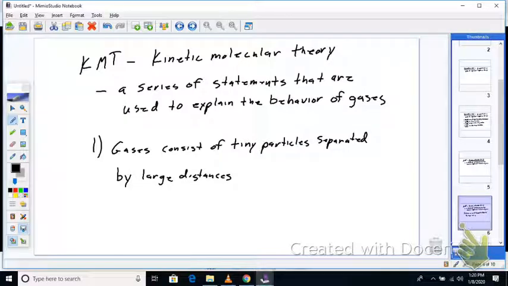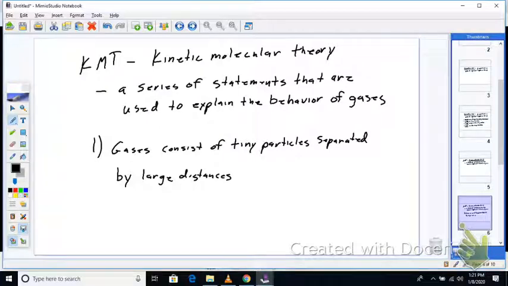They're tiny. The smaller they are, and the greater distances that exist between them, that is a good ideal gas. So the bigger the distances between particles, and the smaller the particles are, the better the gas it is.